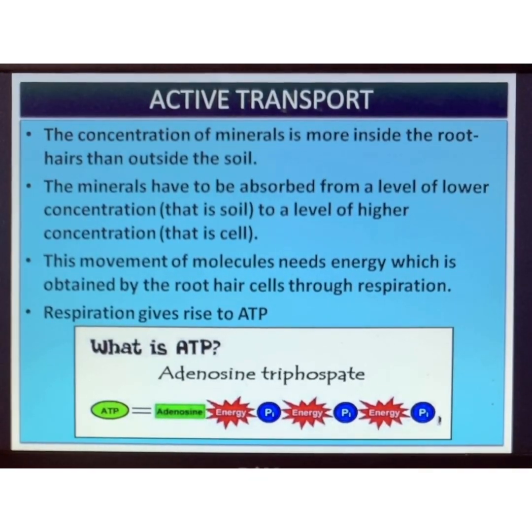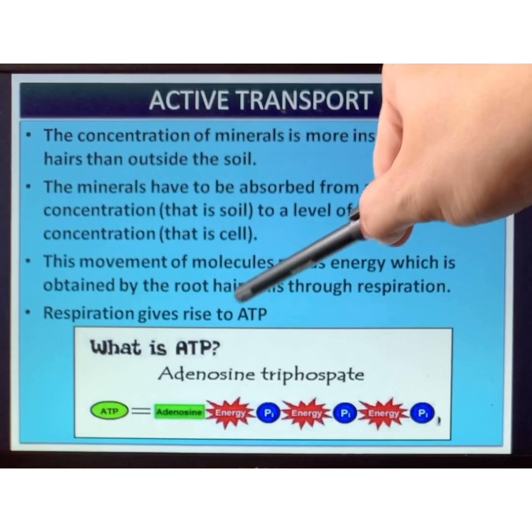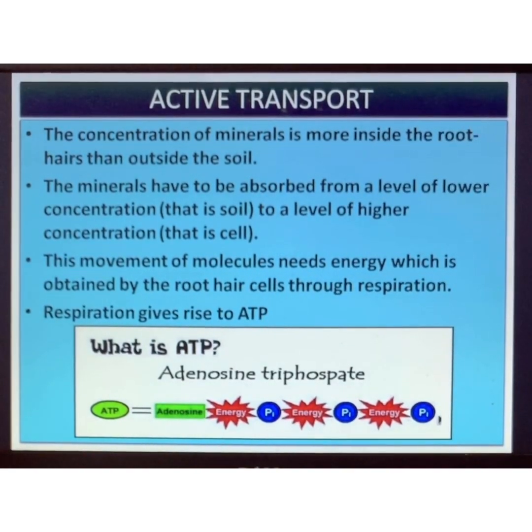So this movement of molecules needs energy, which is obtained by the root hair cells through respiration. And how does respiration help us here? Respiration gives us the necessary energy in the form of energy currency, which is called ATP.